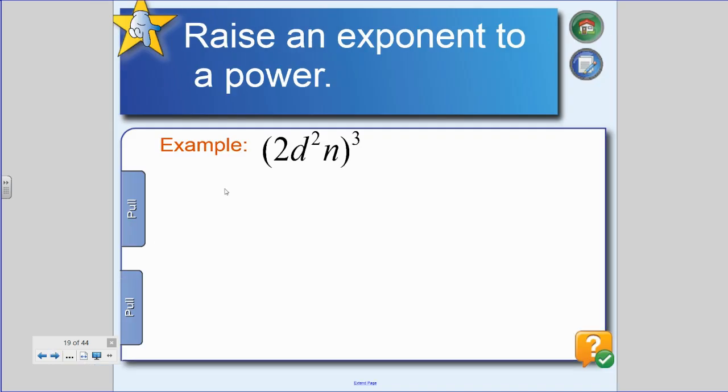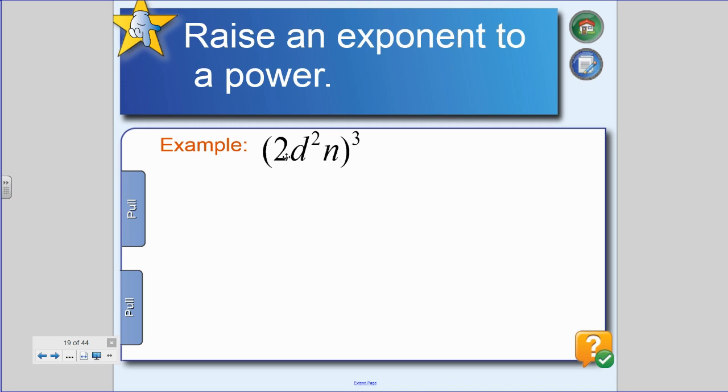All right. So here's our first example. We've got the monomial 2d squared n in parentheses, and that whole thing is being raised to the third power. So let's first of all ask, what does this mean? When in doubt, stretch it out.